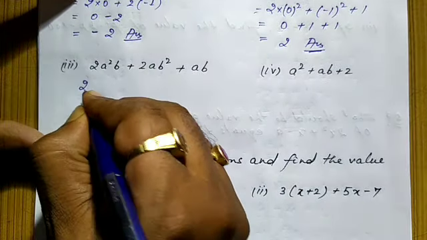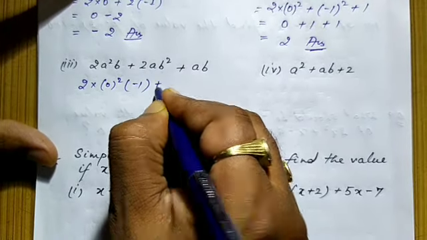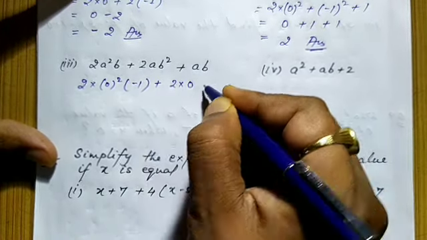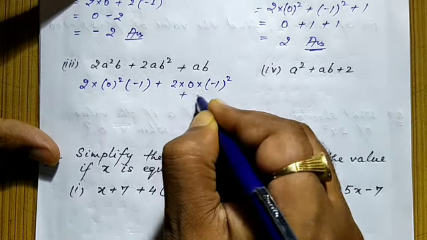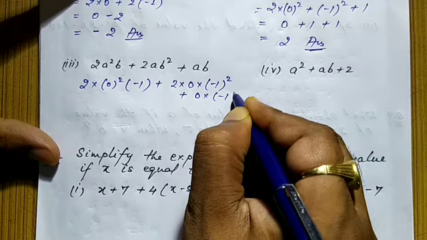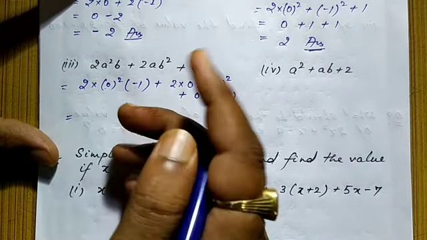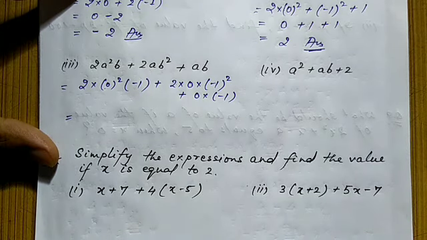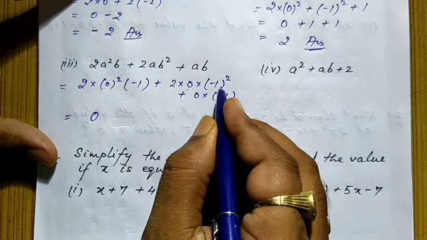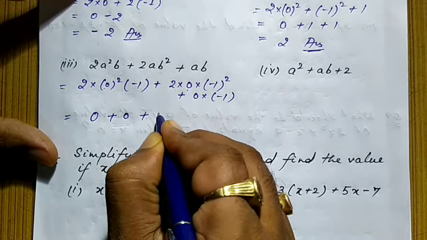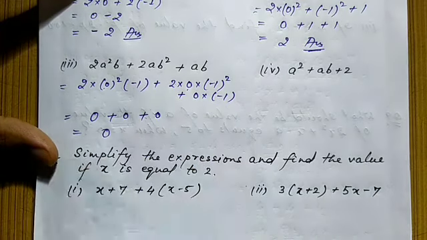Next one, 2 into 0 whole square minus 1 plus 2 into 0 into minus 1 whole square plus 0 into minus 1. Okay, so here 0 square 0 and 0 into any integer, that will become 0. Here also plus 0, here also 0. Okay, so 0 plus 0 plus 0 is equal to 0.